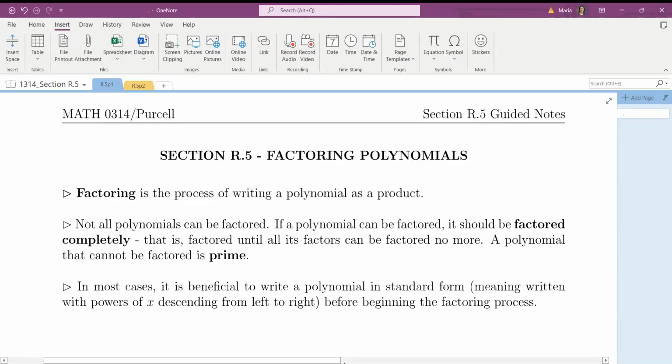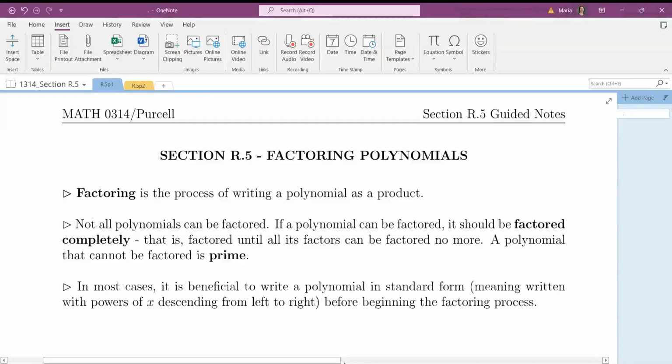So we cover factoring in Math 0314, which is the co-requisite course for Math 1314, or the class that comes before it. So if you want, I'm just going to go through the lesson that I present in that class when I teach it to kind of help you remember how to factor. If you do not need a refresher, then you do not need to watch these videos.